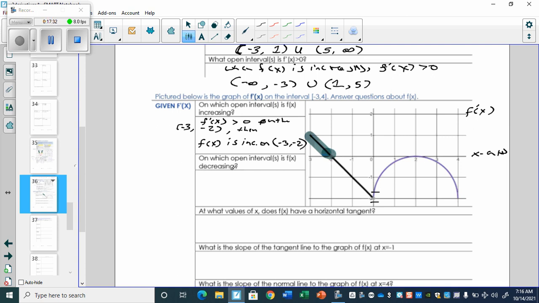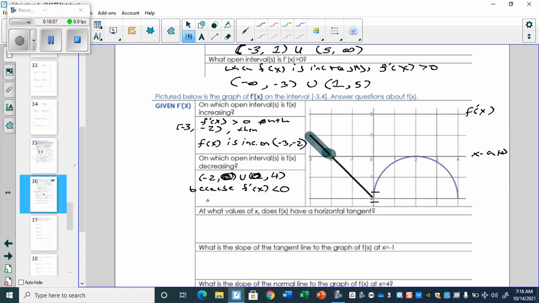It says on which open interval is f of x decreasing. So from -2 to 0, union 0 to 4, because for f prime of x, all of the y values are less than 0.